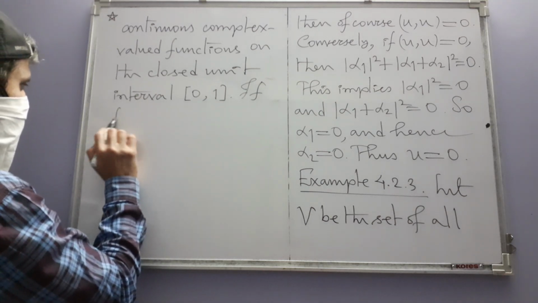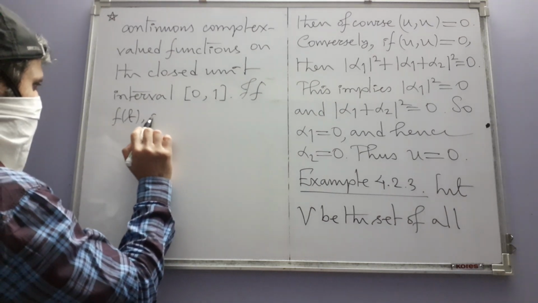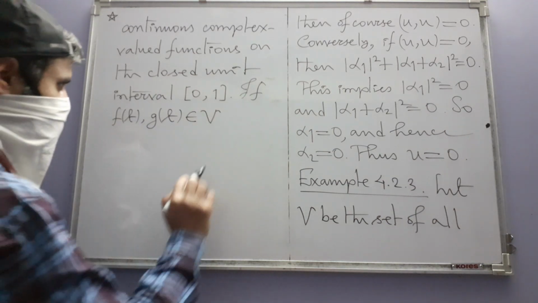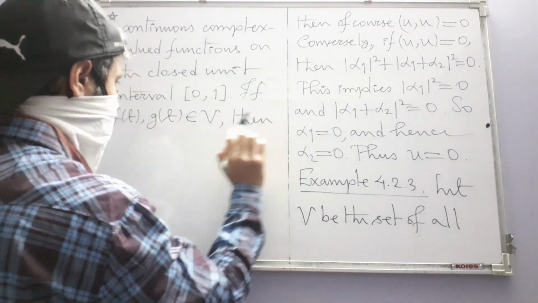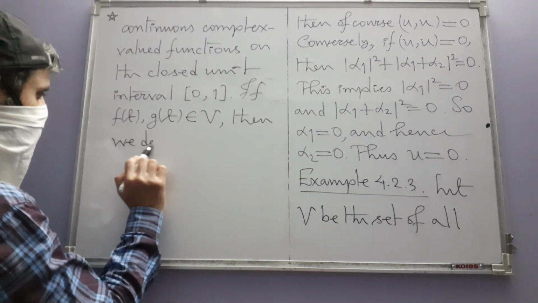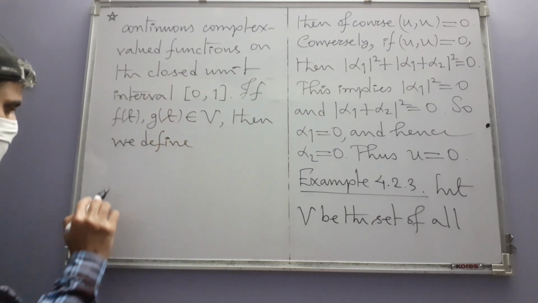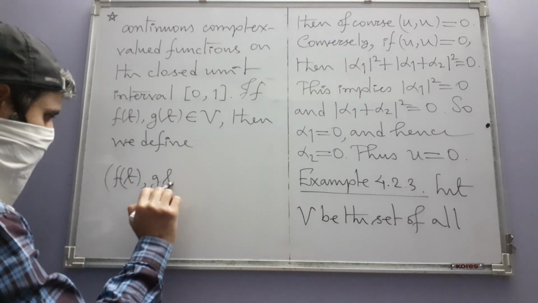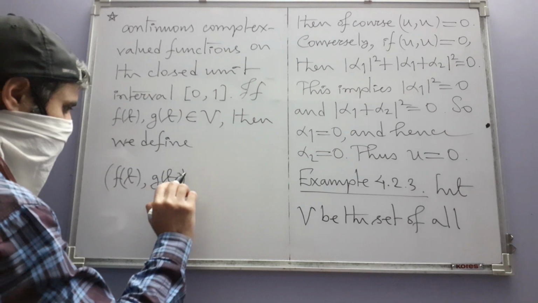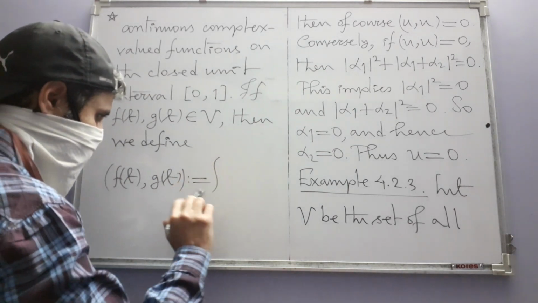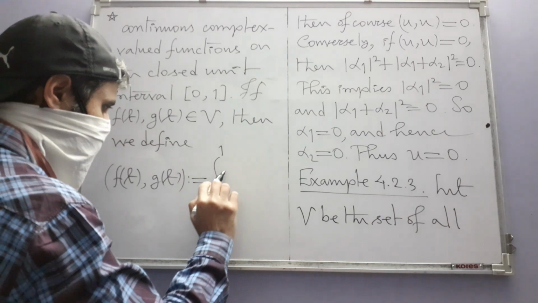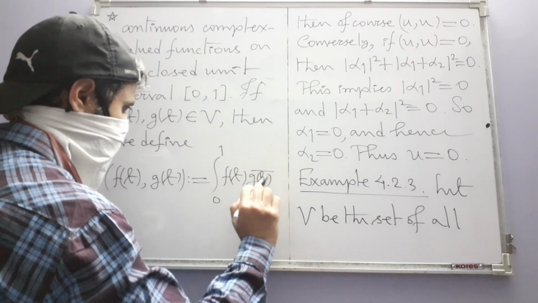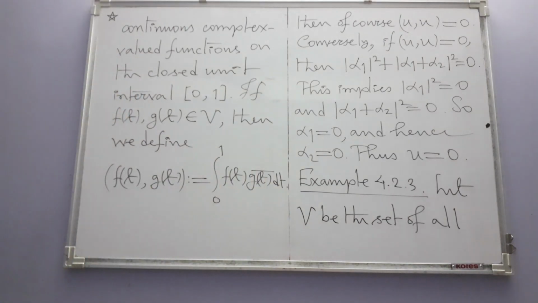If f of t and g of t are two such functions in V, then we define an inner product type of function for them, which is this integral dt.